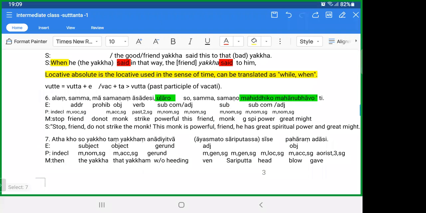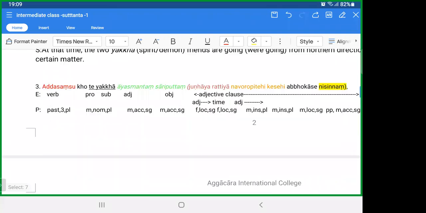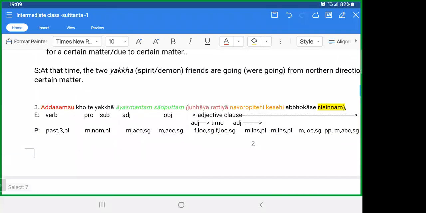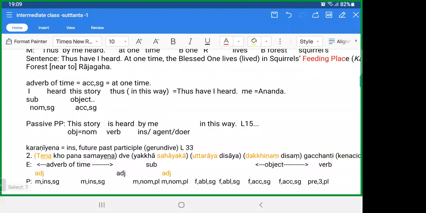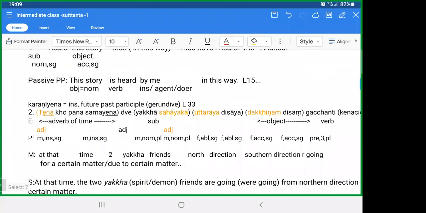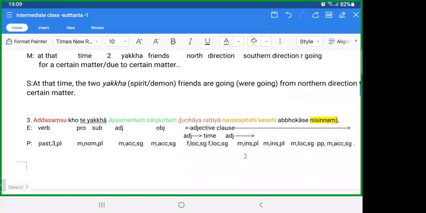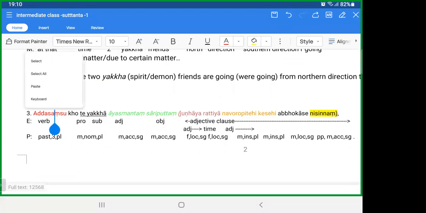The two yakkhas were flying from the sky, from the north side toward the south side. Then they saw Sariputra, that's why I use the word adamsi. They saw Sariputra sitting there with his hair shaven in the open space in the moonlight.